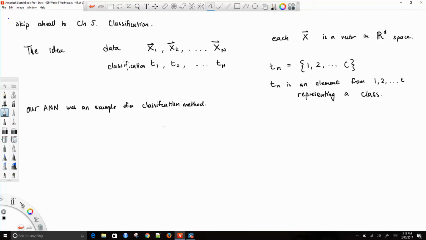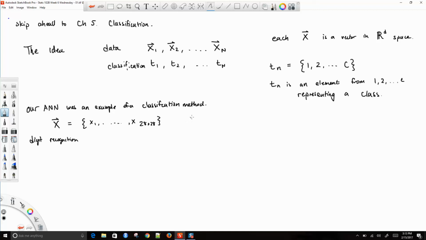In that scenario, each vector x was, let's do the digit recognition, something in, I think, 28 by 28 pixels, however many we had there.